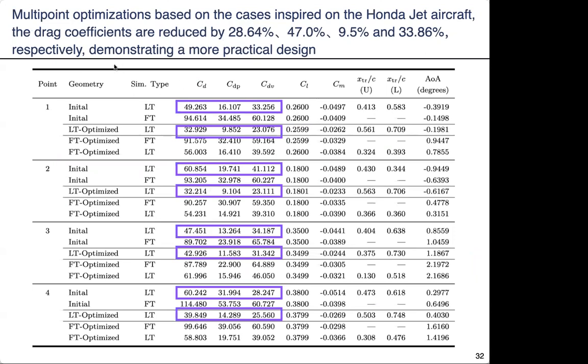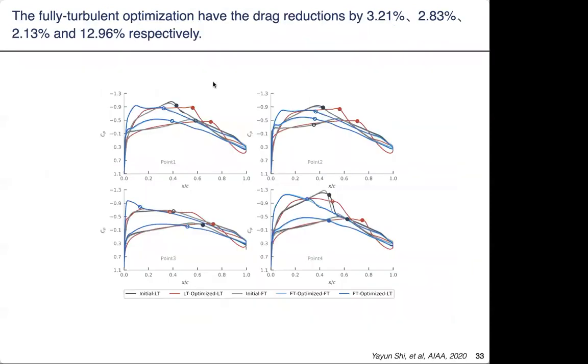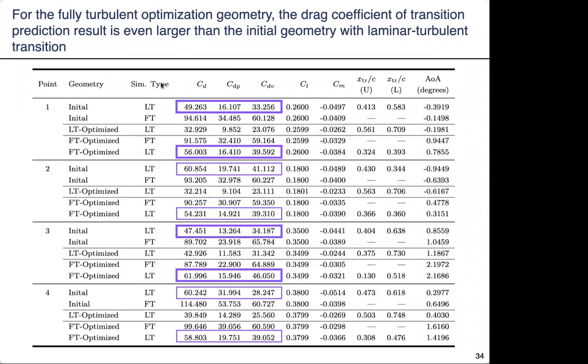This successful optimization for the multi-point demonstrates that our framework can handle practical design. For the fully turbulent optimization, the drag reduction is much lower than the laminar flow.